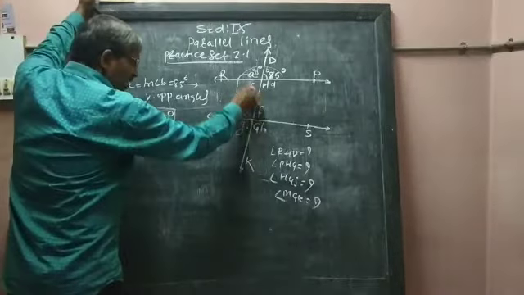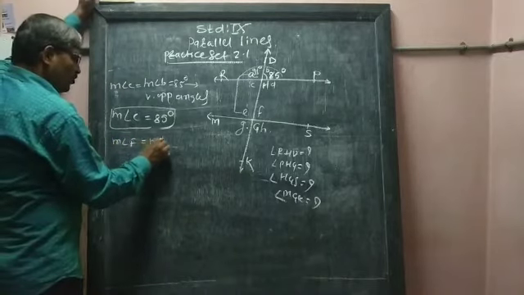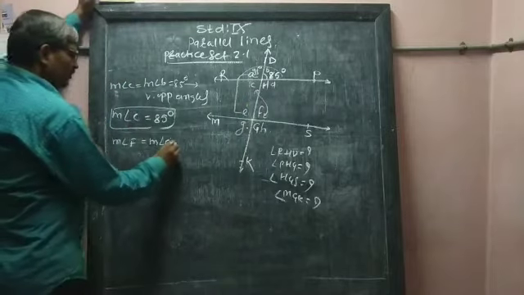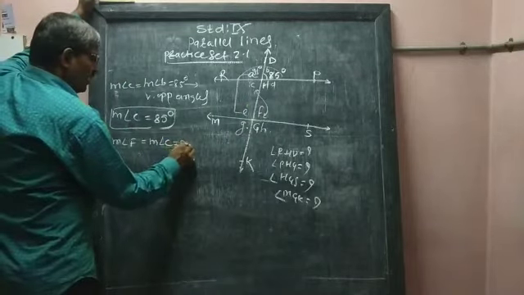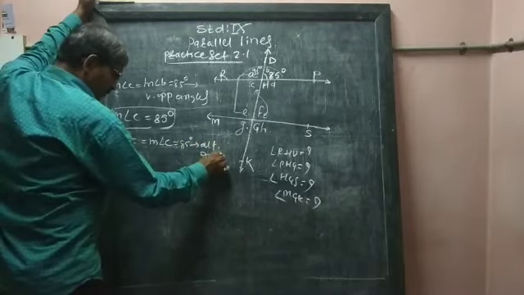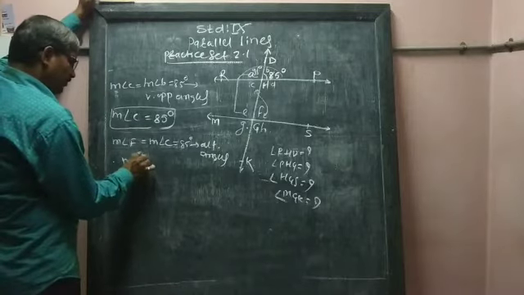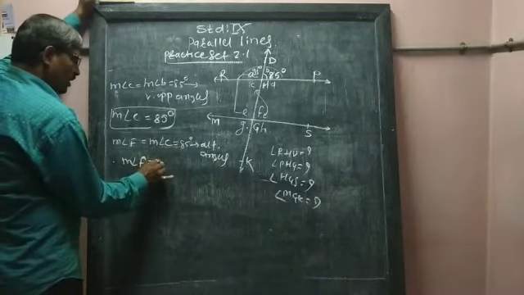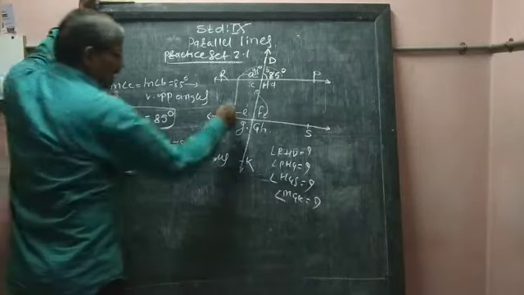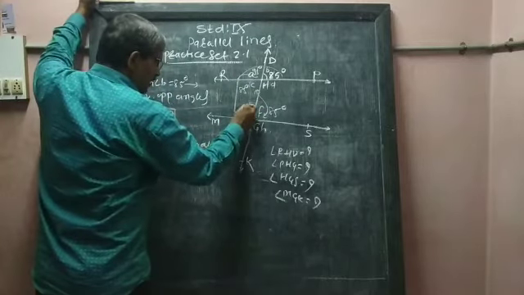Then C and F: measure of angle F is equal to measure of angle C, these are alternate angles. Therefore, measure of angle F is equal to 85 degrees. Now C is 85, F is 85, and this is 95.